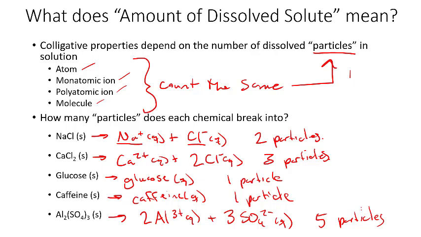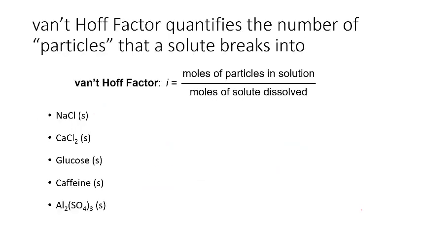So we can observe lots of different materials, how they break up into solution, and they produce different numbers of, quote, particles in solution. For colligative properties that depend on the amount of particles in solution, we need to be able to quantify that amount of particles for any given substance that is dissolved in an aqueous solution.